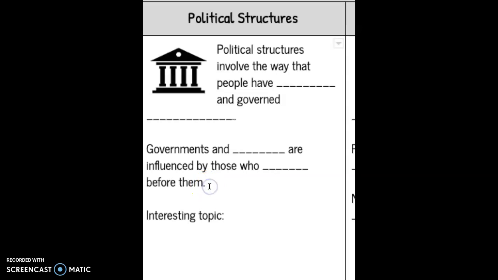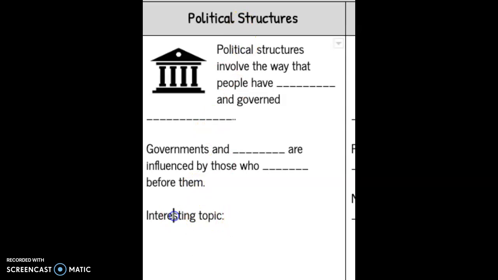So for example, in American history, the American Constitution and type of government was established in response to the British government and their rule of monarchy with kings. The American people did not like that idea, and so this influenced them to change their political structures.